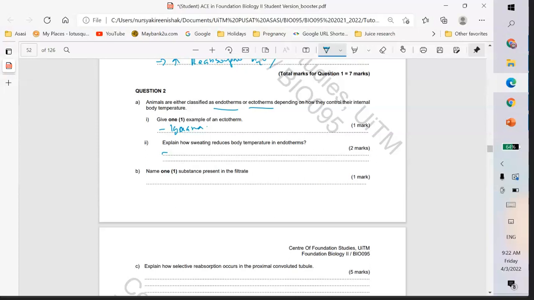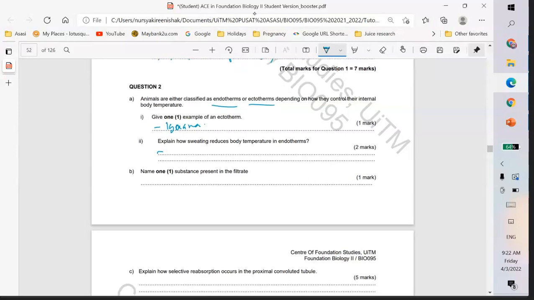So that is the point. So point yang pertama tadi, sweat gland producing the sweat when the body is too hot. For the second point, when the sweat evaporates from the skin, it takes away the heat from the body.